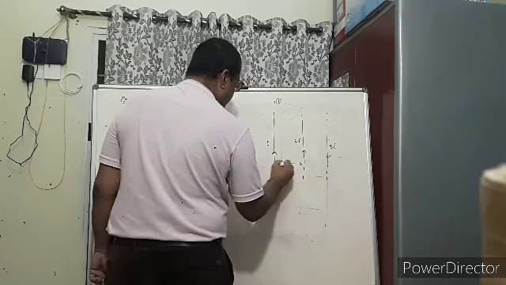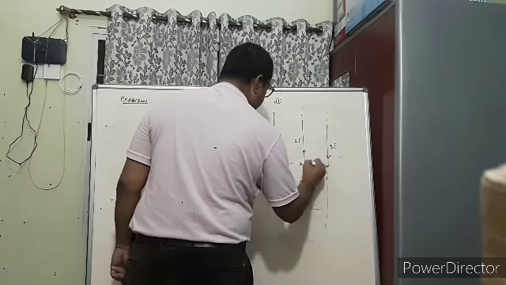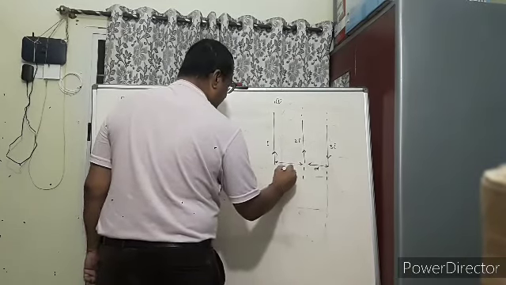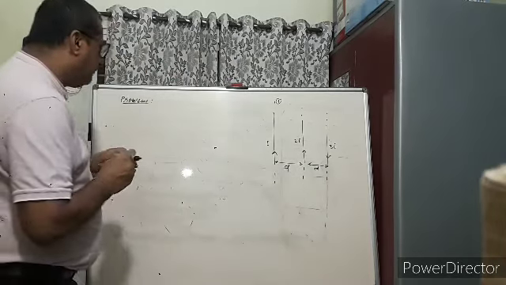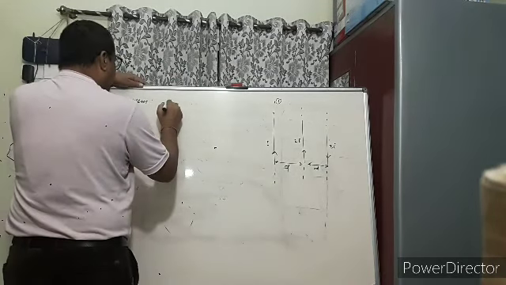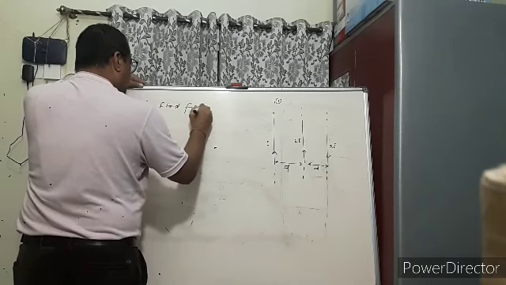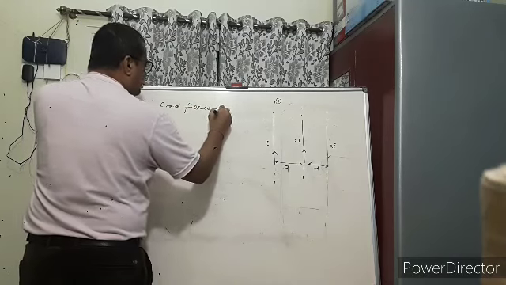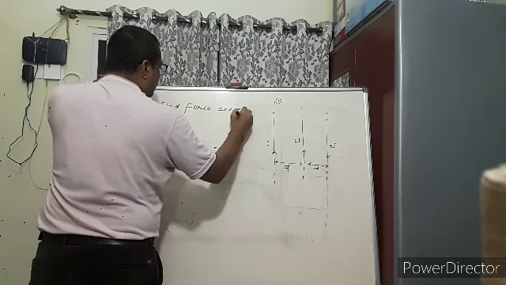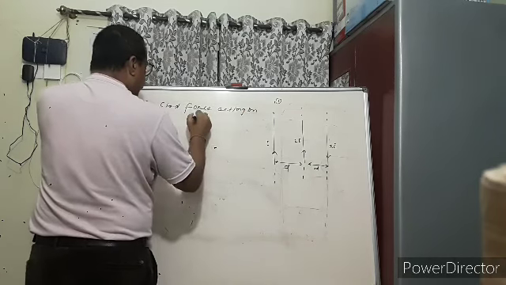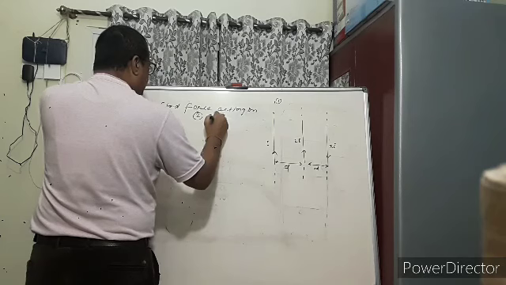The separation between the wires is D. We have to find the force acting on the second conductor.